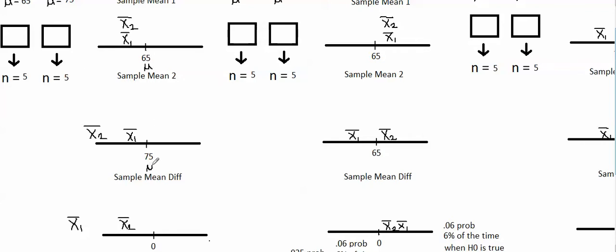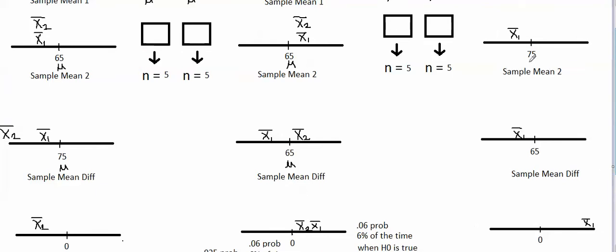Put mu under here. That's the mean of the other population. Do the same thing here. And put this mu here. And put this other mu right there.